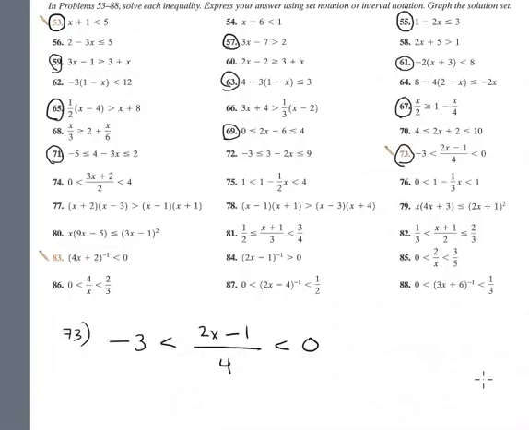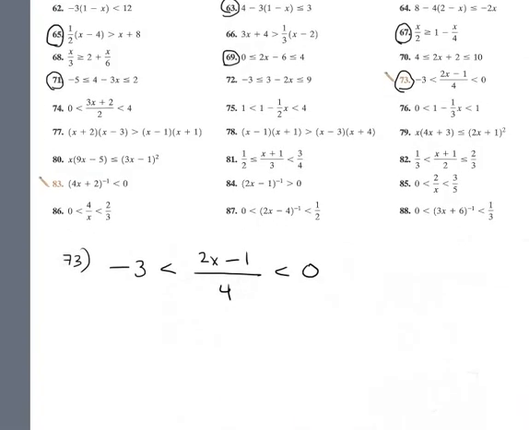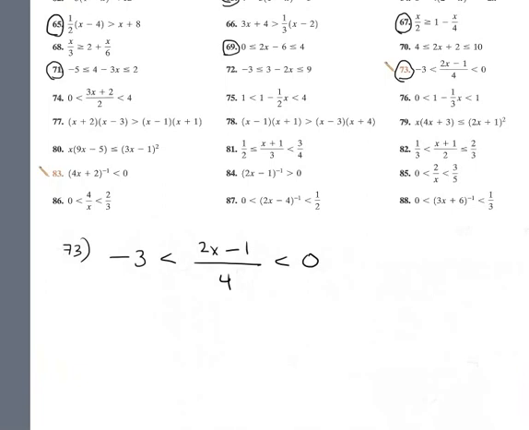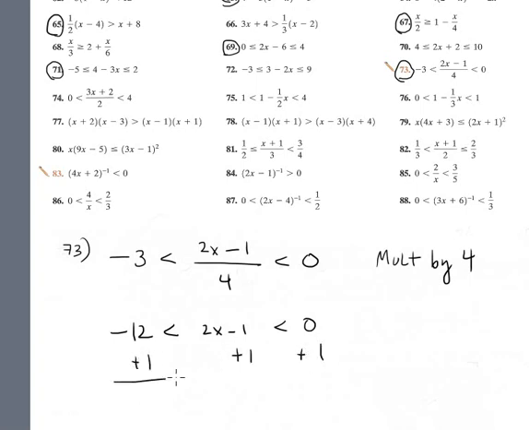Okay, inequality again, 73. In this case we have a fraction and multiply by 4. The entire inequality is minus 12 less than 2x minus 1, divided, multiply by 4 cancels out, less than 0. So it's plus 1, plus 1, plus 1.